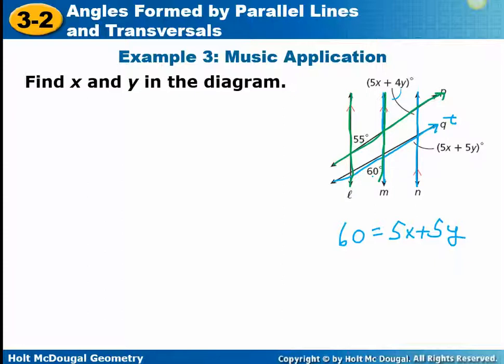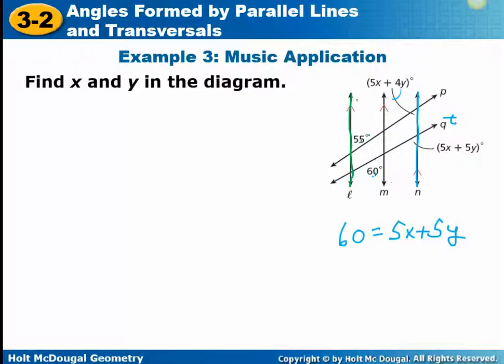Not much. We know 55 is this one and 60, but, oh, they are exterior. No, that's not right. Oh no, 60 is not part of it because I didn't use the green lines. So 55. Yeah, that's not going to help me out any because I only know the 55. So let me erase this one.